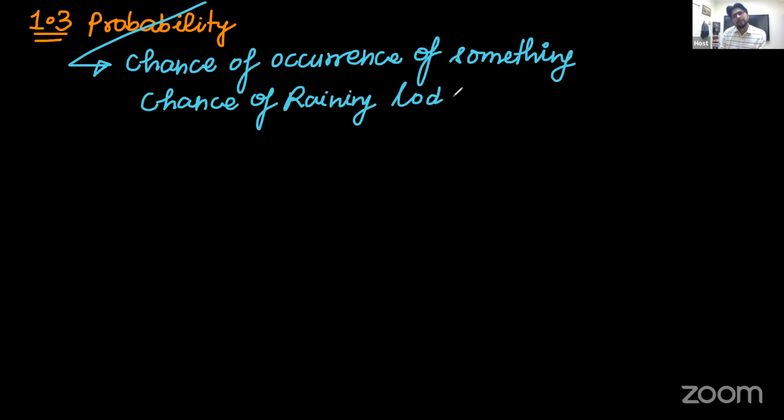So we give it a mathematical representation like this: what is the probability of raining today? This kind of mathematical representation is given.